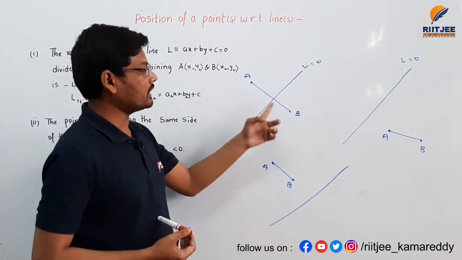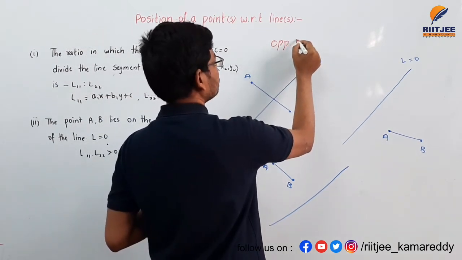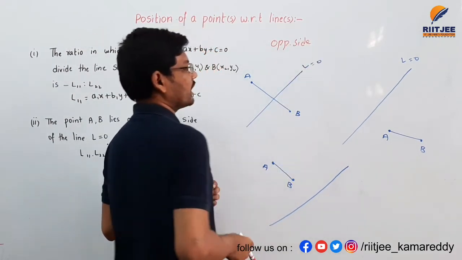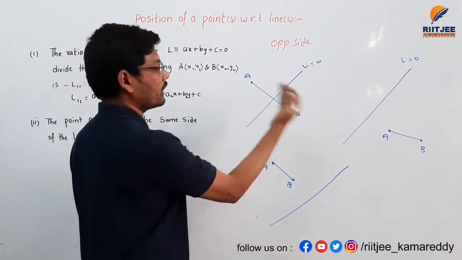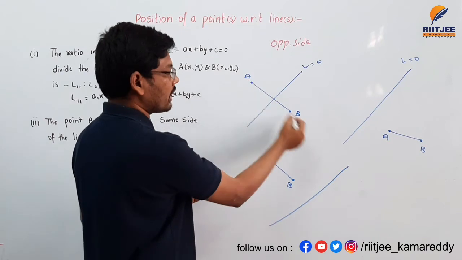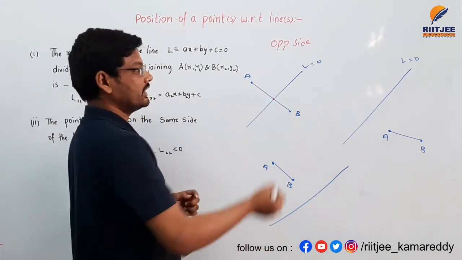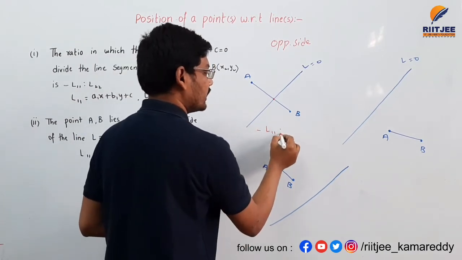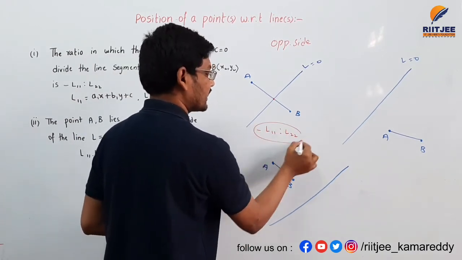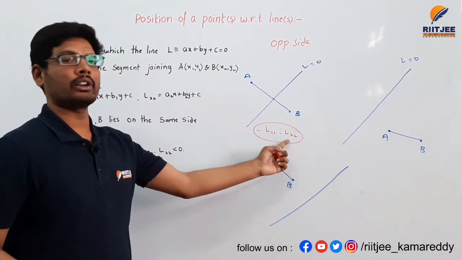Here the points are on opposite sides. One is on the left side of the line and the other is on the right side of the line. If you join the points directly, it will intersect at one point. This is the condition for lambda equal to minus L11 is to L22.